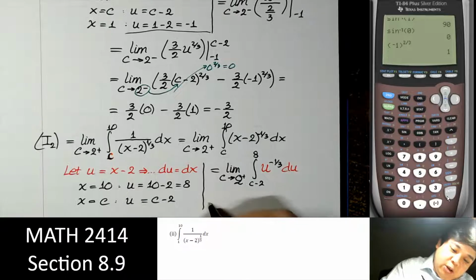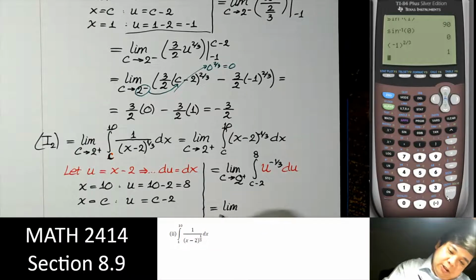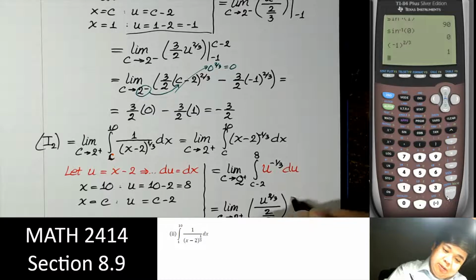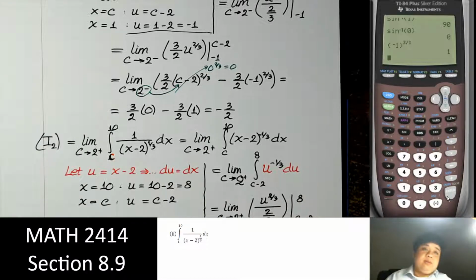The integral is done the same way: u to the negative 1/3 plus 1 is 2/3, over 2/3, from c minus 2 to 8.